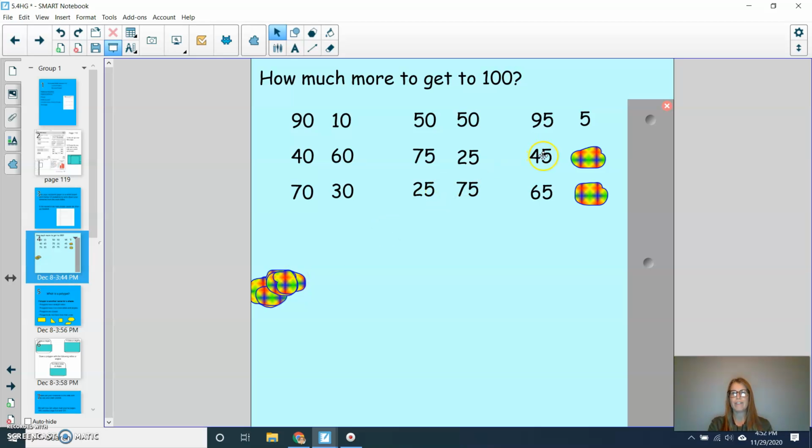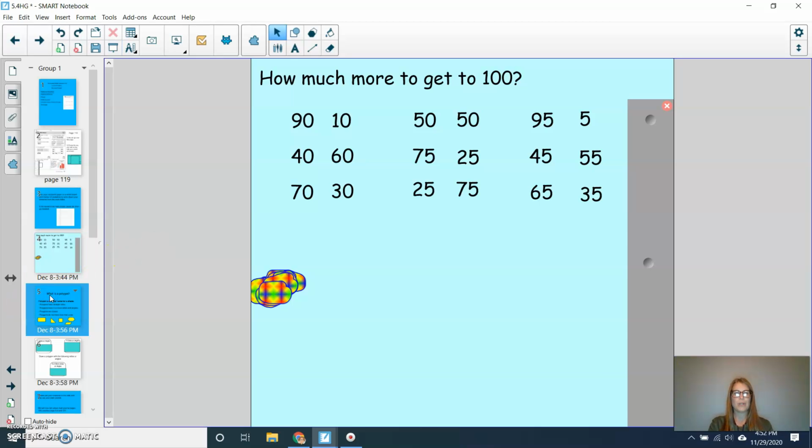If you're at 45, I know 5 more would bring me to 50, and then another 50 would bring me to 100. So 50 plus 5 is 55. If I'm at 65, I know 5 more would bring me to 70, and then 70 plus 30 would bring me to 100. So 5 plus 30 is 35.